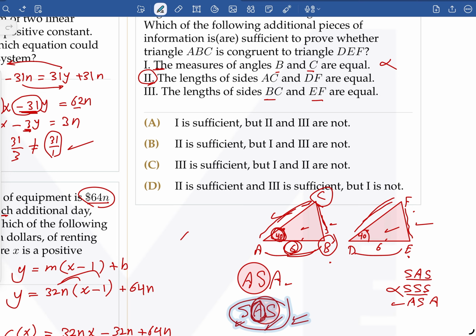I mean, if you take this angle, you have to take this side and this side, not this one, because they are surrounding the angle. So now number 2 is the correct one.